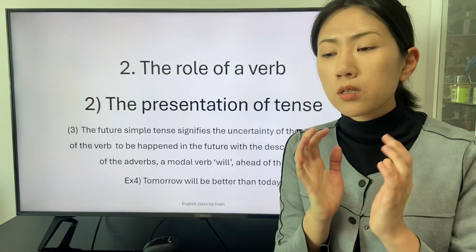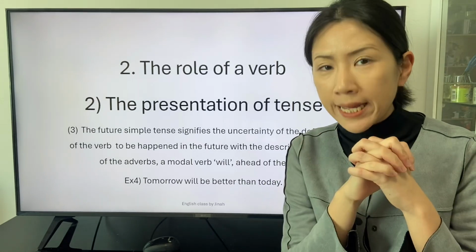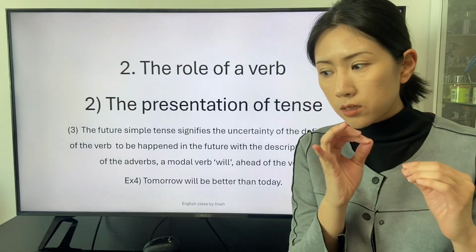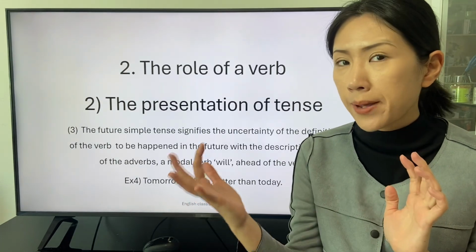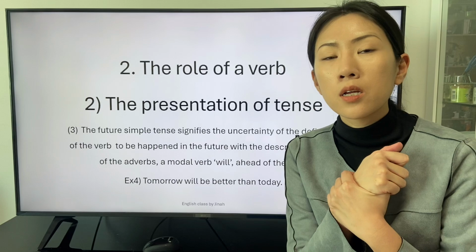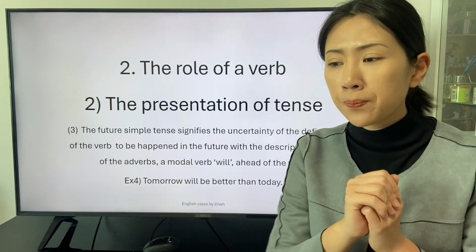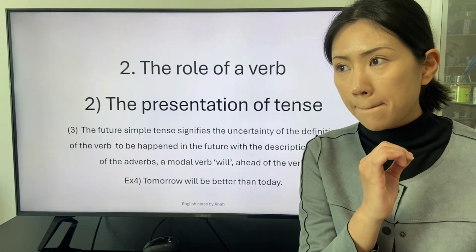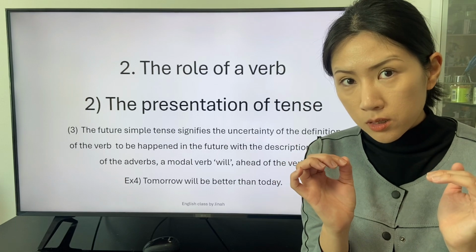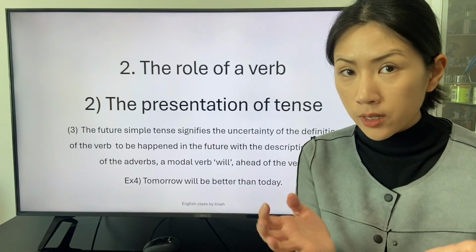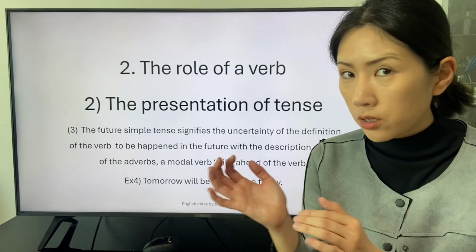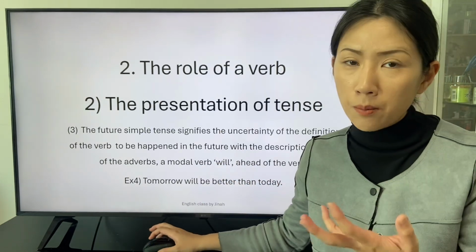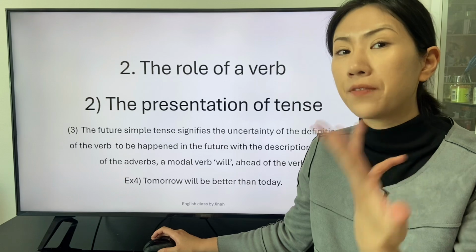So, the speaker who expects the experience, condition, or action described by the verb to happen in the future applies the word will, the trait of the adverb as a modal verb, to describe the verb.